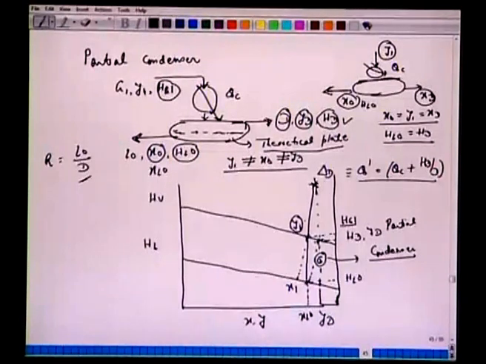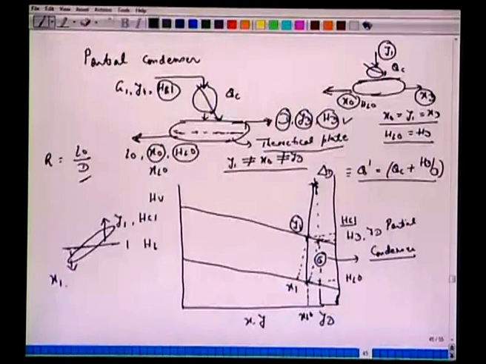In fact, this HD corresponds to YD, and then we have the mole fraction Y1. Let us go back to one distillation plate, or tray, in which the vapor from plate number 1 leaves with mole fraction Y1, and the liquid which leaves the top plate has mole fraction X1, and these two streams are in equilibrium. So, we have Hg1 and HL1.